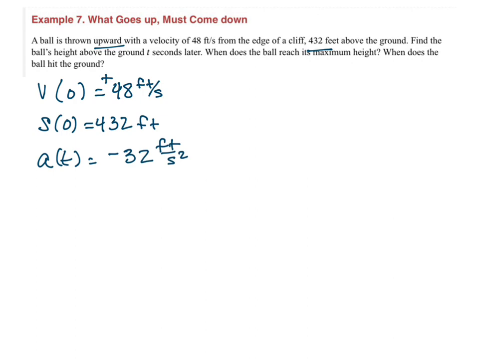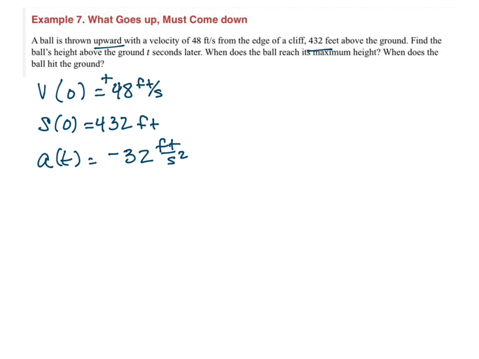So find the ball's height above ground t seconds later. So we're going to have to do a whole lot of work to get to that. What's it asking? Find the ball's height above ground at t seconds. Right, so the first question is find the ball's height above ground at t seconds.